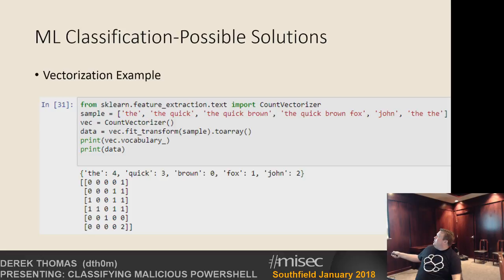Quick is in the 3rd column. So quick appears in the 2nd, 3rd, and 4th record, and so on, right? And so you can think of that as 10,000 rows of PowerShell events with 15,000 terms. So whenever you see this, instead of quick, this could be interpreter. Instead of brown, this could be something else, and instead of fox, this could be shellcode, right?